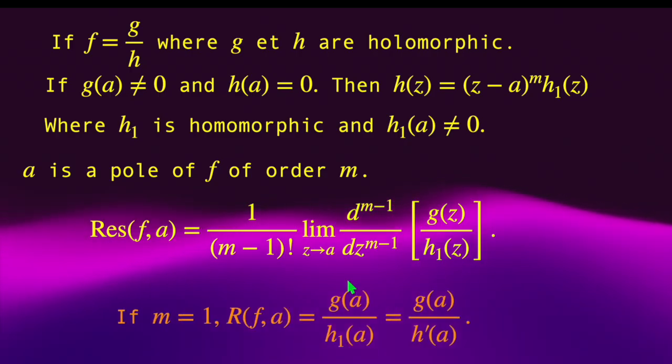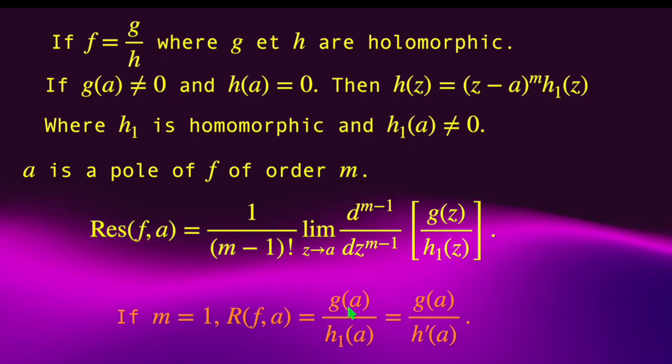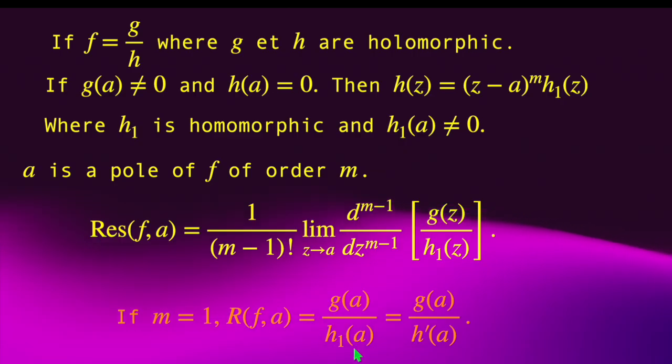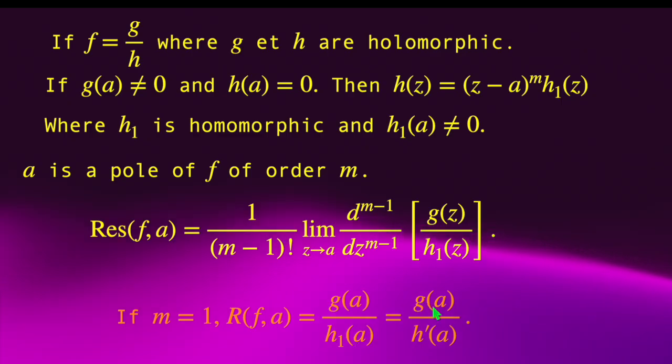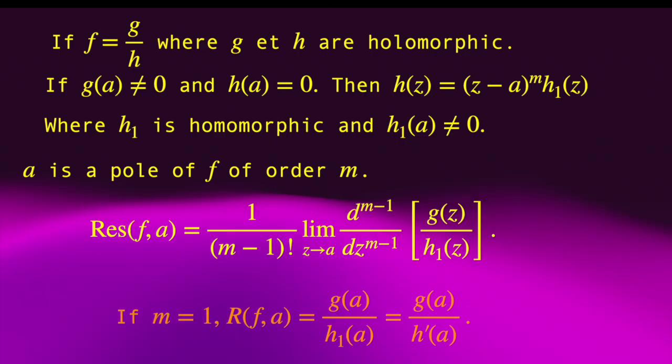And in the case where the pole is simple, this means that its order is equal to 1, the residue is equal to g(a) over h'(a), and sometimes you don't need to have h1. You can use this formula g(a) over h'(a), because when we take the limit of (z minus a) f(z), you get this formula.